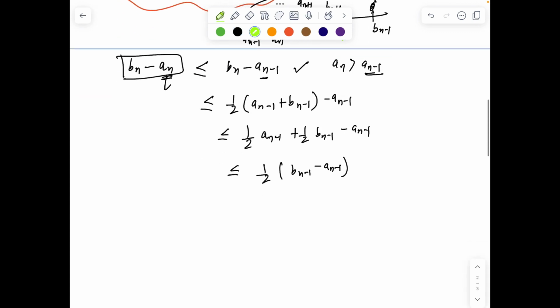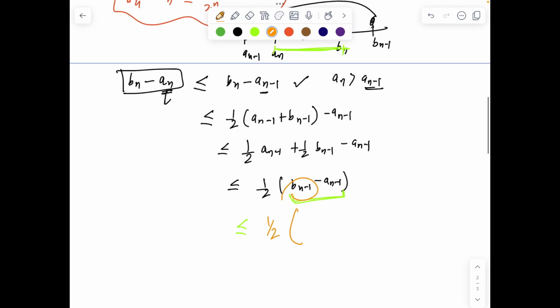Now again, you can use the same logic over here, because B(n-1) and A(n-1) again will be less than or equal to half times the B(n-1) gap versus the A(n-1) gap, right? So I can write this: B(n-1) minus, it will definitely be greater than the gap of A(n-2).